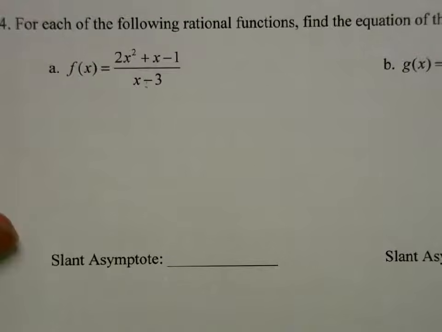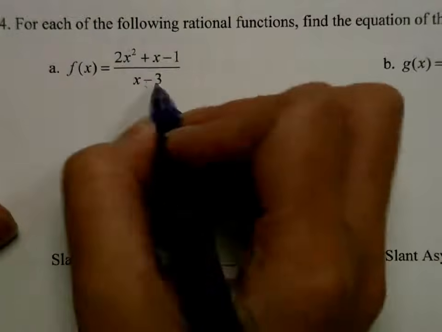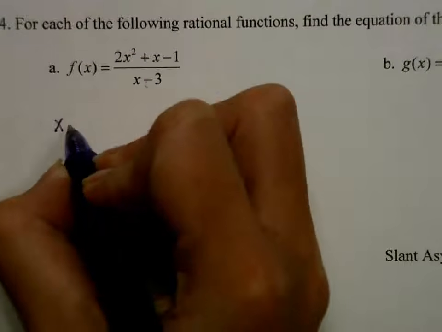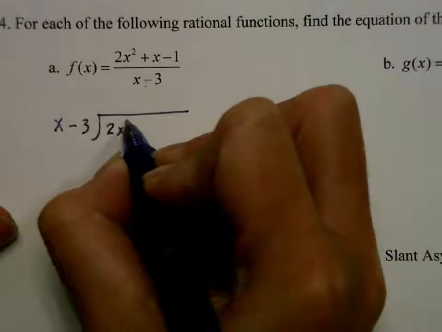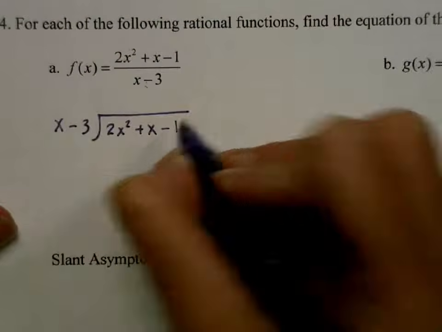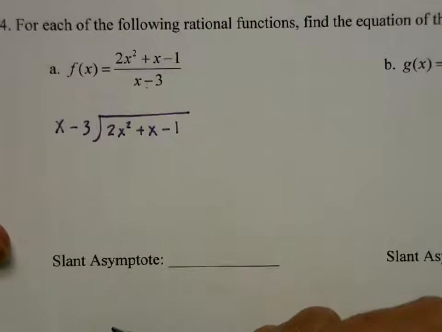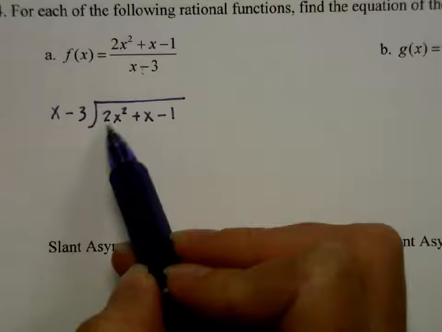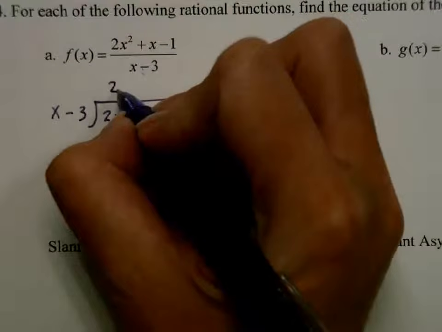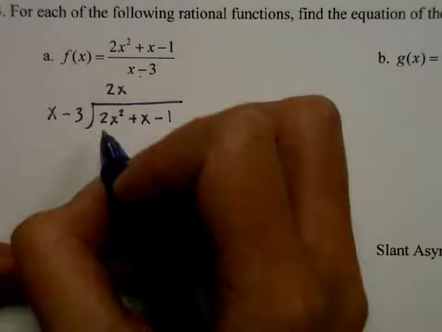Okay. So we're going to actually do this division. We're going to divide 2x squared plus x minus 1 by x minus 3. So just like regular long division, you're looking at what would I multiply this by to get this, which would be a 2x. Multiply down.